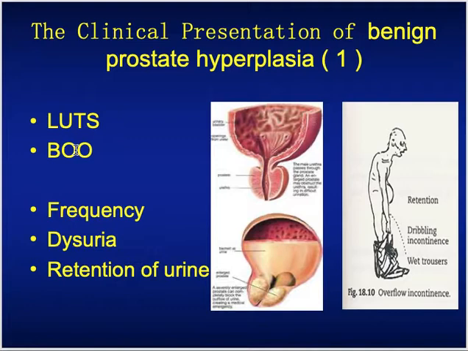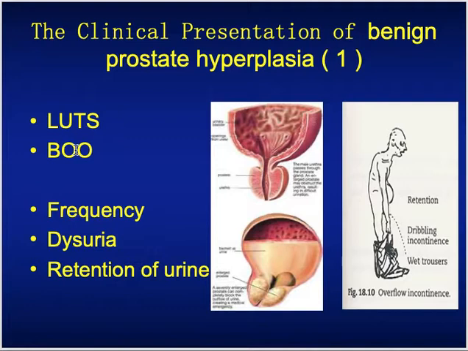So basically, what happens in these patients? Anyone who has BPH, benign prostatic hyperplasia, with time their bladder, because it is always full, the bladder smooth muscles become unstable.